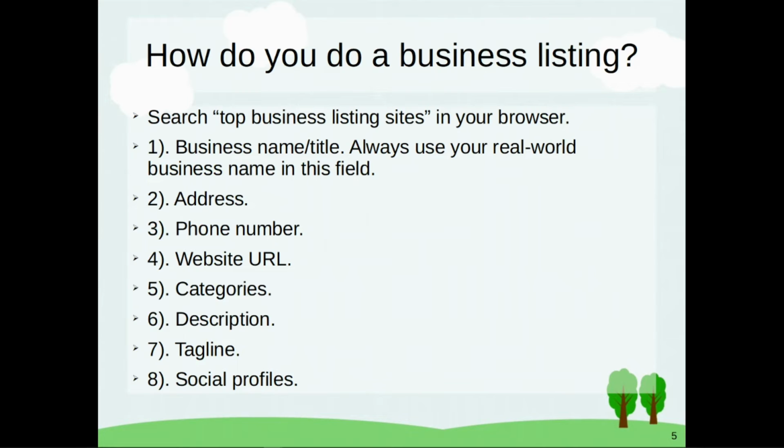You can also give descriptions and a tagline for your business, such as, if you are selling laptops, the best laptops or the best thing you get from us. And you can also share your social profiles such as Facebook, Twitter and Instagram.